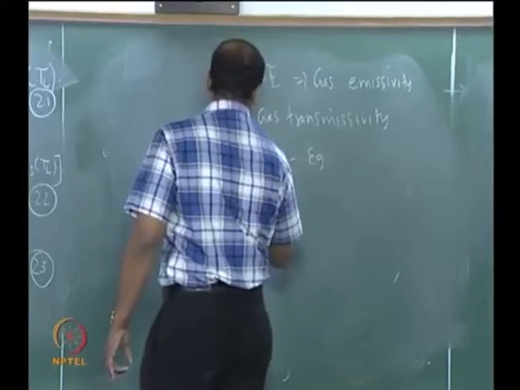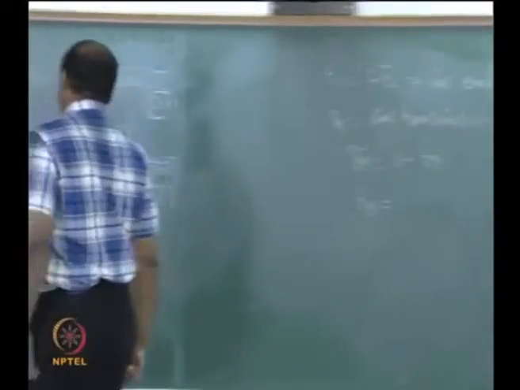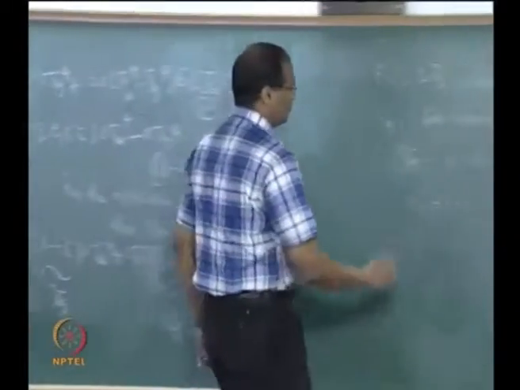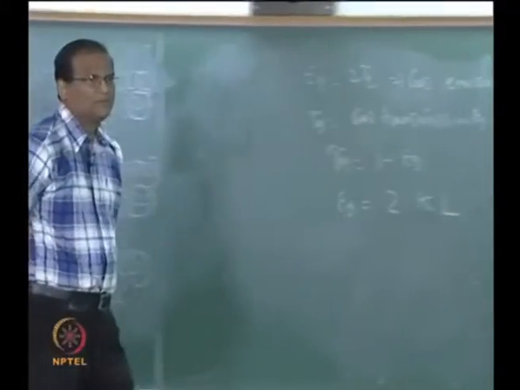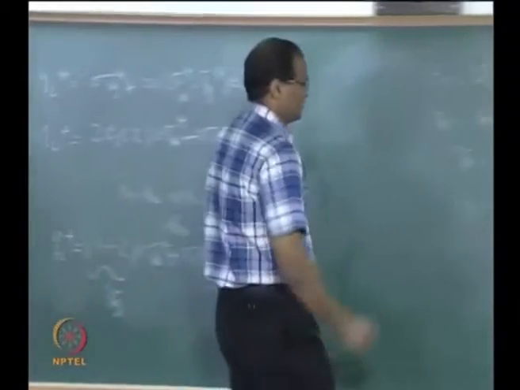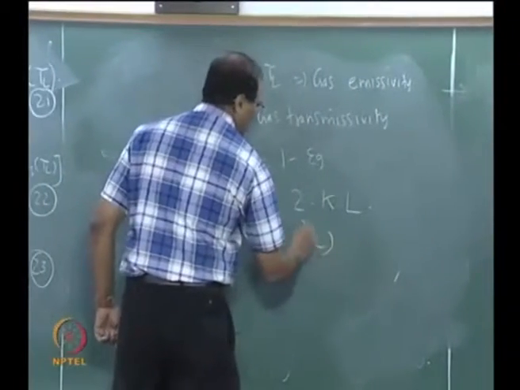Epsilon g itself is 2 times kappa into L, that is, 2 times L into kappa.